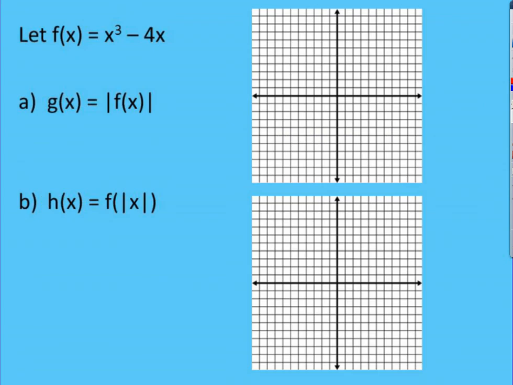So if we first graph the function of x cubed minus 4x, the function should look like this. On the first one, we're going to find the absolute value of the entire function. So that means anything that's below the x-axis, we flip and put above the x-axis.